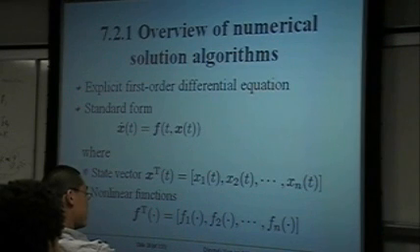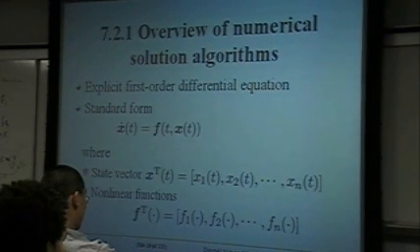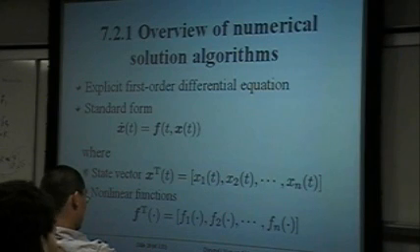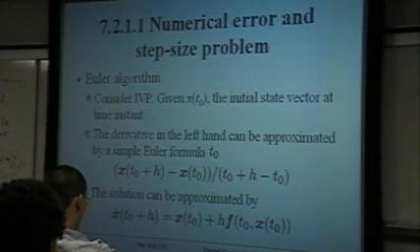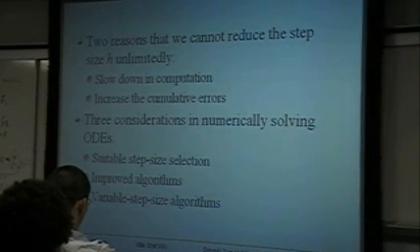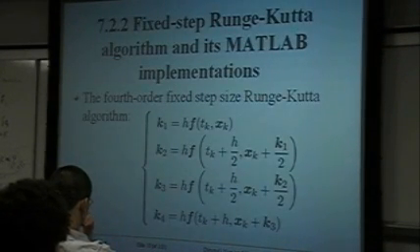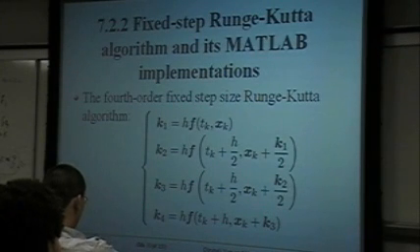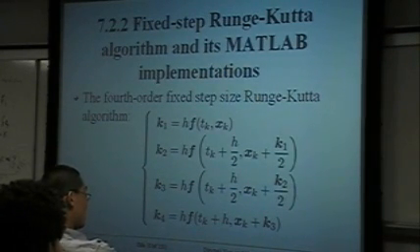So this is just a sketch showing the numerical method solutions to the problem. If you are not quite familiar with this kind of solutions, just ignore them. These are the mathematical details. And this simple method is called Euler's algorithm.